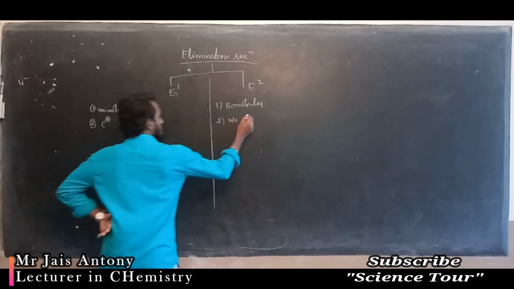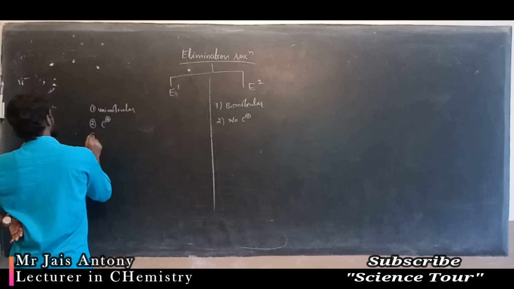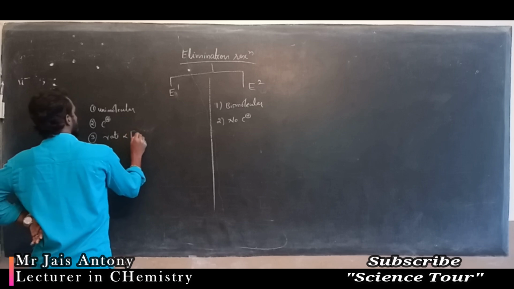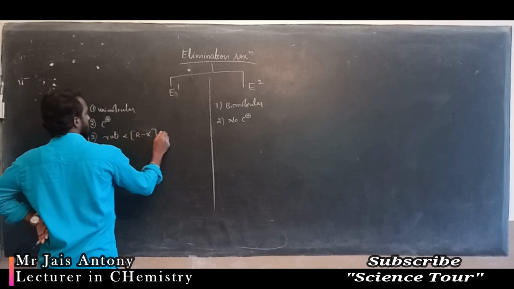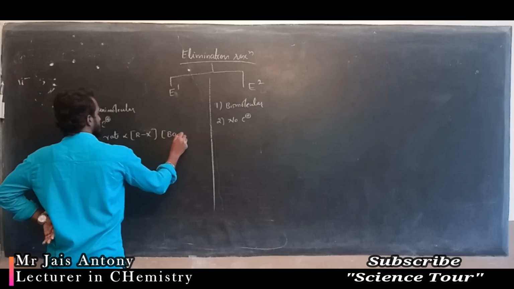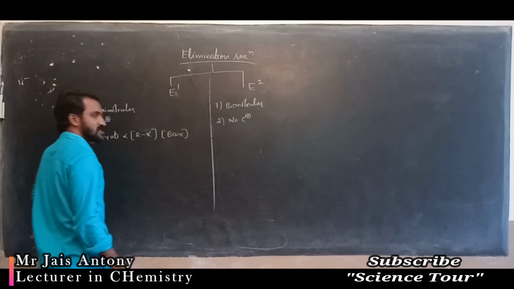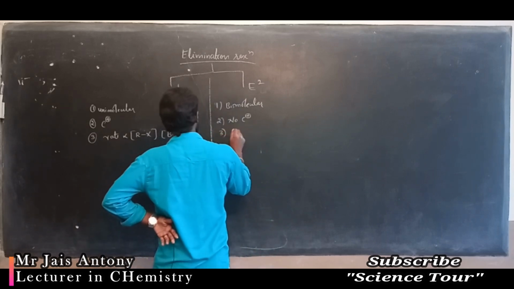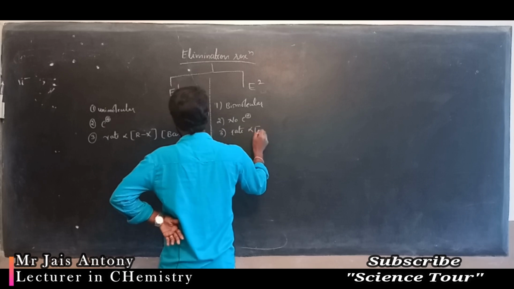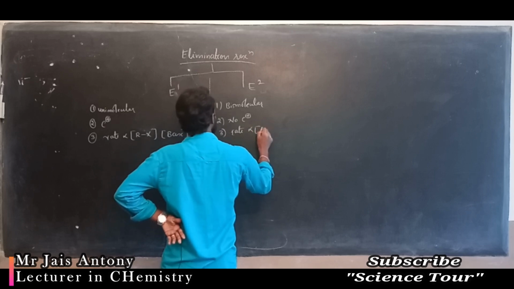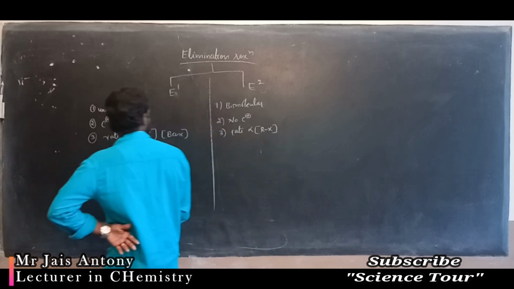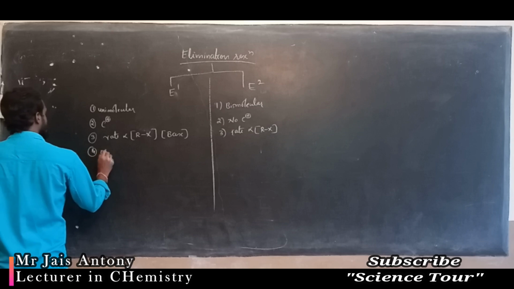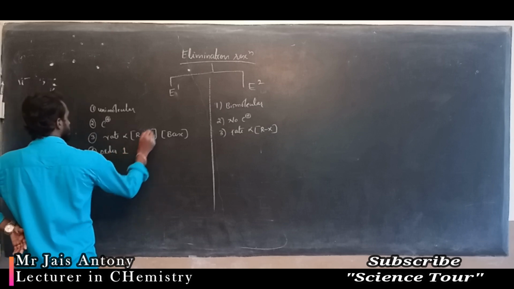Then the third point: in E2 the rate is directly proportional to the substrate taken and the base, that means substrate and reactant. But in E1 the rate is directly proportional to the substrate only. Fourth one: order and molecularity is 1, because only one molecule.